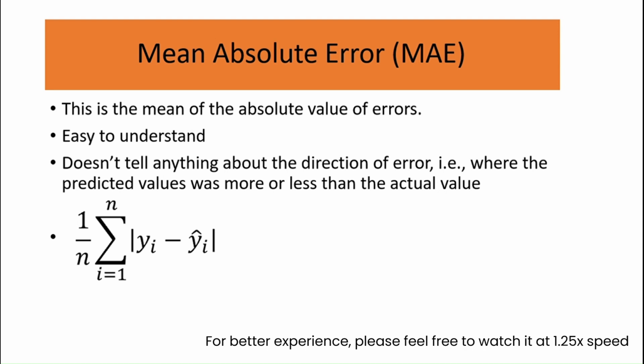For each of the data points, we take the difference between the predicted value and the actual value, and it will return either a positive or negative number. So we take the modulus of that to turn each of the errors into a positive value, and then we find the mean of that, which is the summation divided by the number of values.